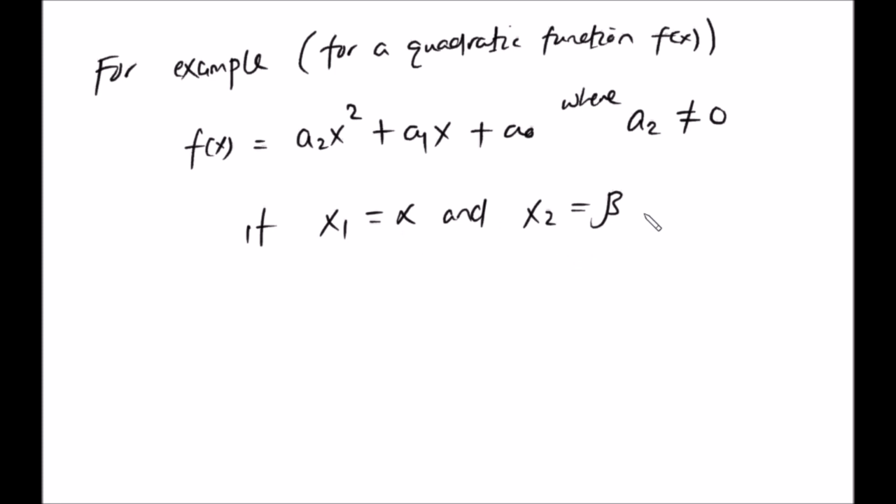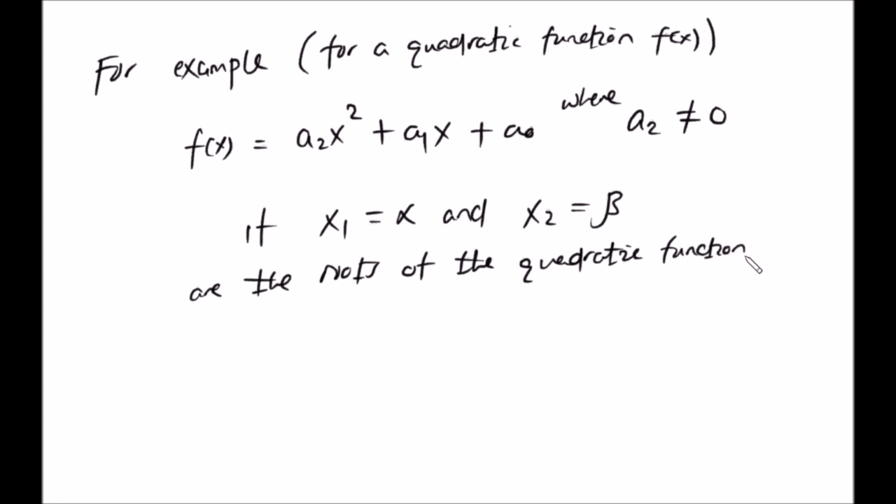If alpha and beta are the roots of the quadratic function above, then hapa kwenye x nikiweka alpha itakuwa ni 0, au hapa kwenye x nikiweka beta pia itakuwa ni nini? Ni 0. So kama alpha na beta ni roots, basi nikiziingiza hapa f of x itakuwa ni sawa na nini? Na 0.